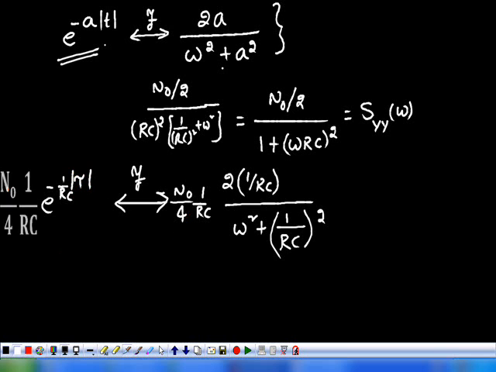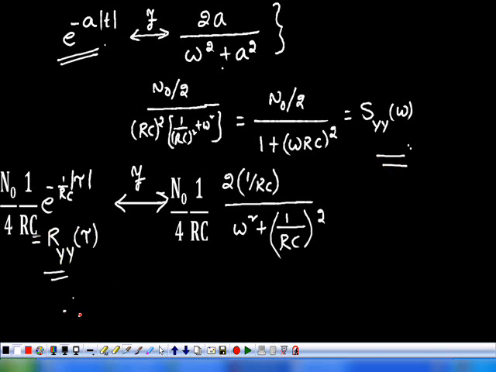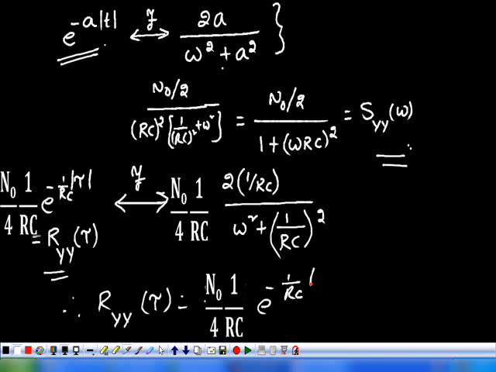Then what we will get? 4 RC by N naught. So RYY of tau is equivalent to 4 RC divided by N naught times e power minus 1 by RC mod tau.